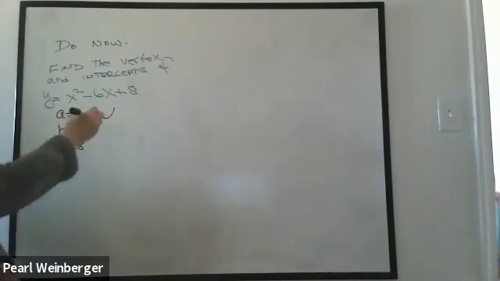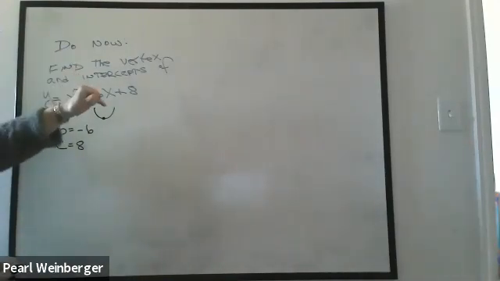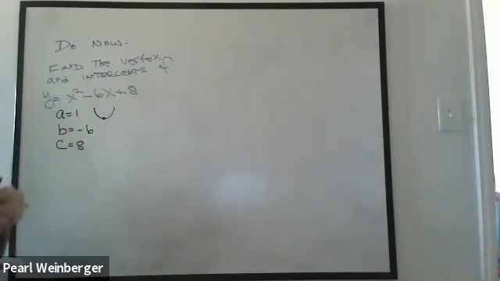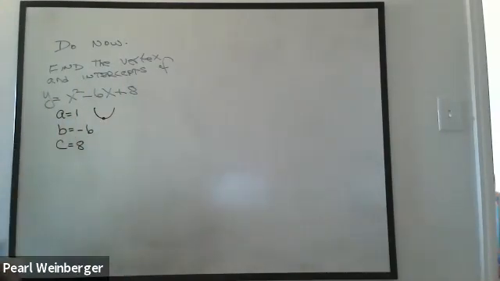So what we're going to first find is the vertex. Literally, if all you're asked to do is sketch the graph, you don't even have to find the intercepts, because just the vertex with the fact that it opens up or down will tell you approximately how that graph would look.